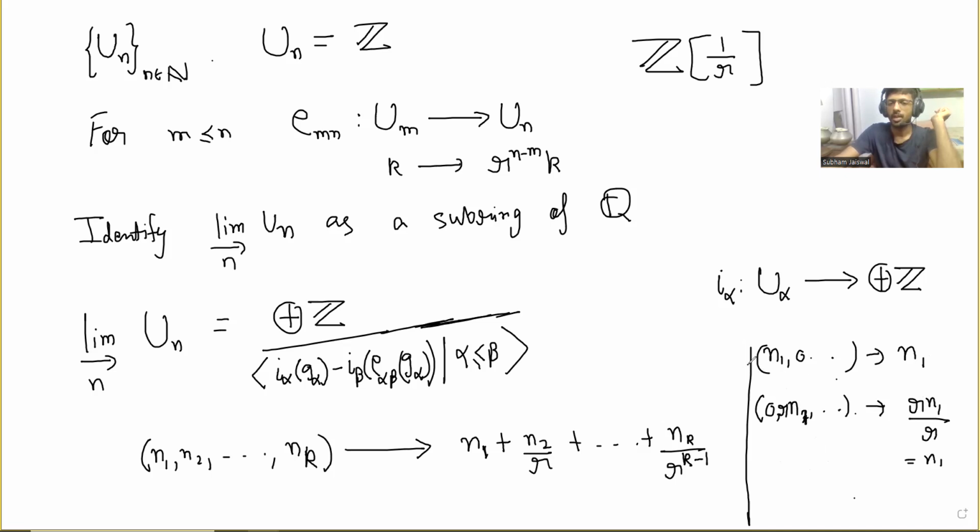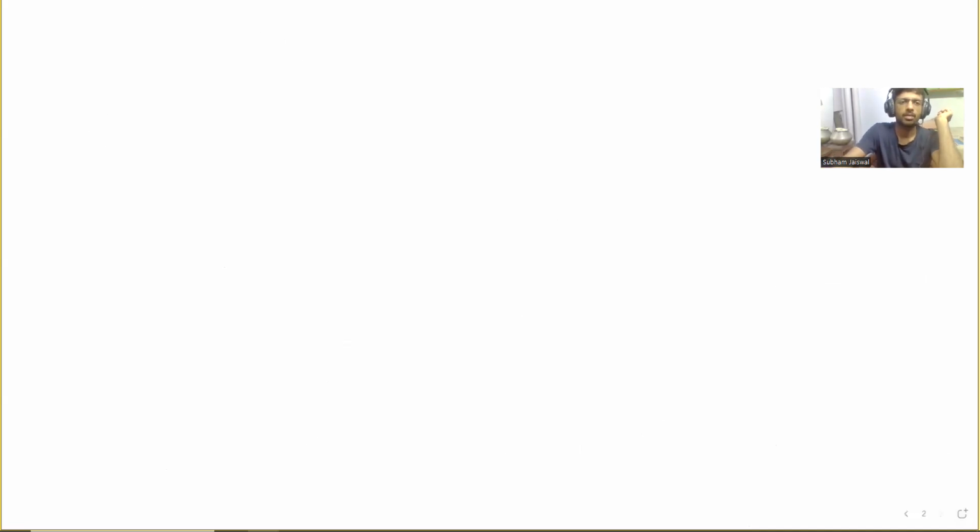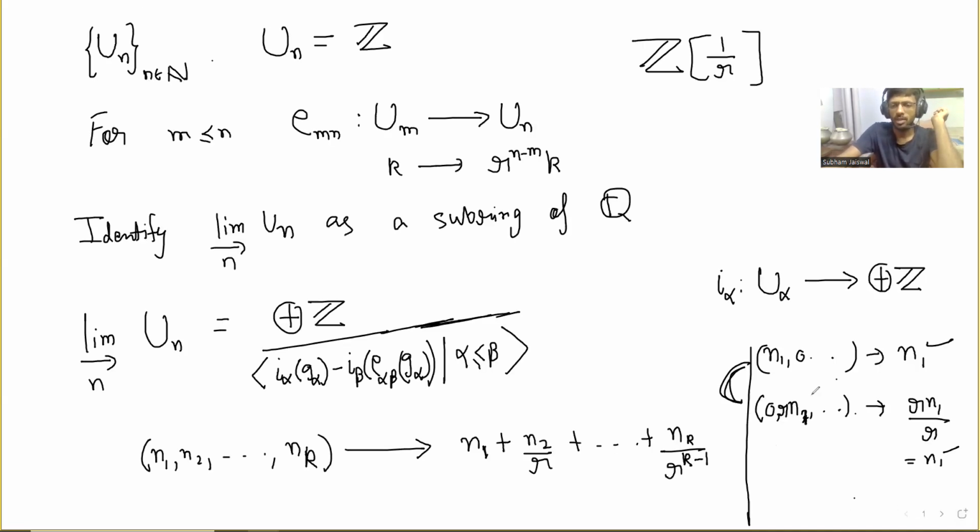These two things are equal and they go to the same thing. This is just a small check I did, but in general you can check in the same way. So let us check well-definedness. It seems well defined now.